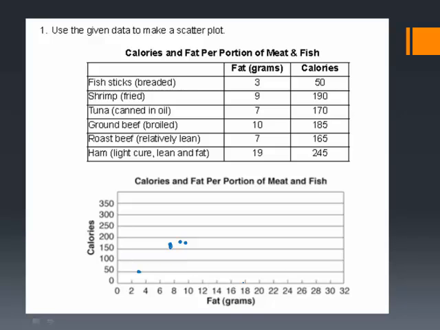And then 19 is 245, which is just below our 250 line. Now this shows a positive correlation.